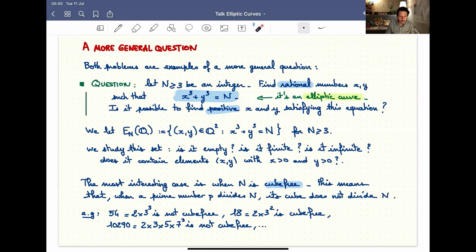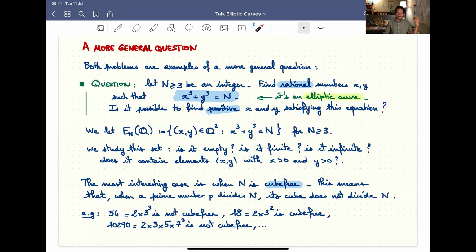And at some point, it will be useful to make some restriction on n. The most interesting case, I'm not sure I will use this definition later, but just to be safe, I will state it now. We will assume that n is cube-free. What does cube-free mean?